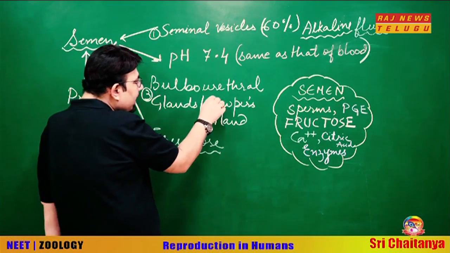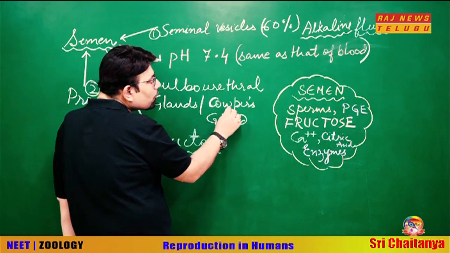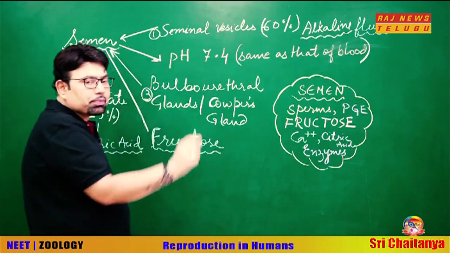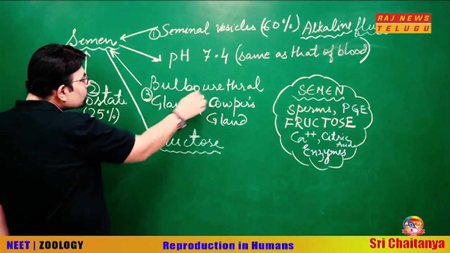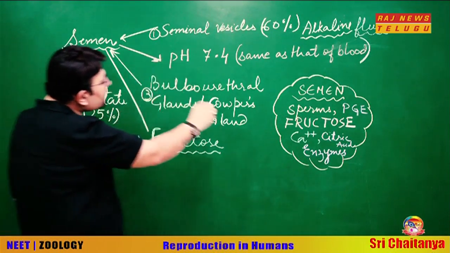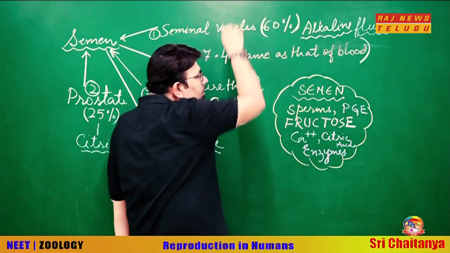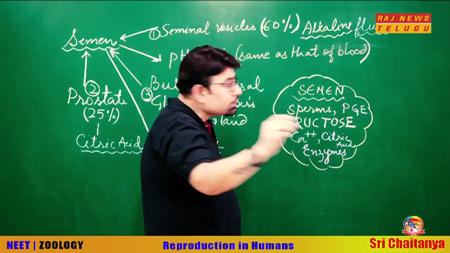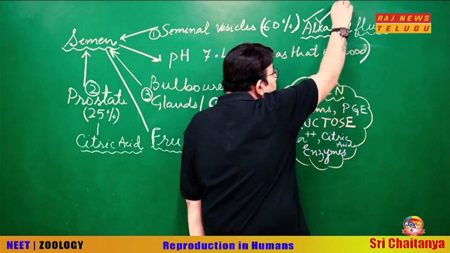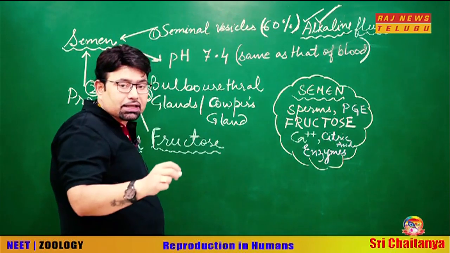Here I am just adding that the bulbourethral gland is also called Cowper's gland. Now, seminal vesicles produce the maximum bulk of the semen. The secretion of seminal vesicle is alkaline.